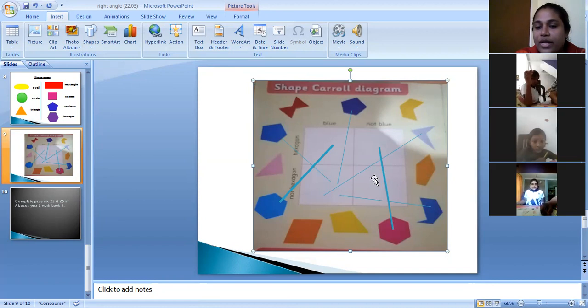Now we have one more blank to fill. It says not hexagon, not blue. How many shapes are remaining? They should not be hexagon and should not be blue. Here 1, 2, 3, 4, 5 and 6. These 6 shapes should come here.